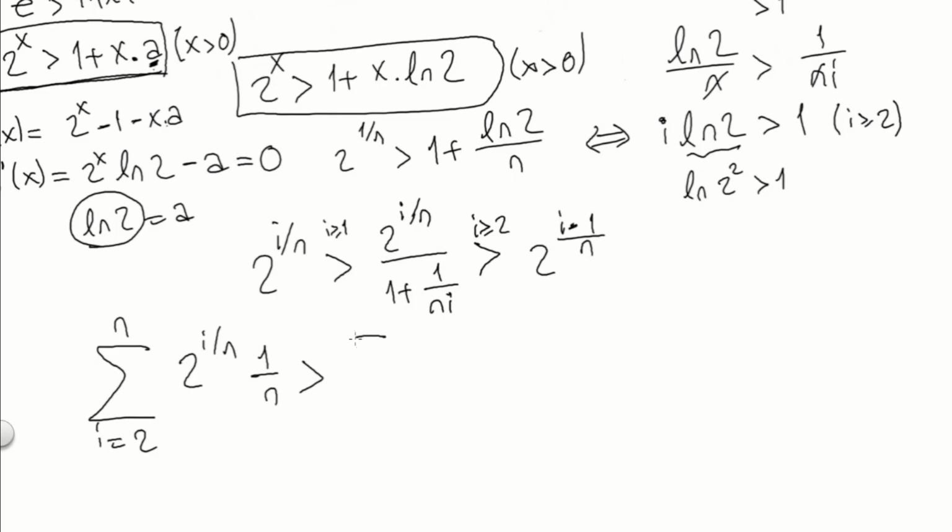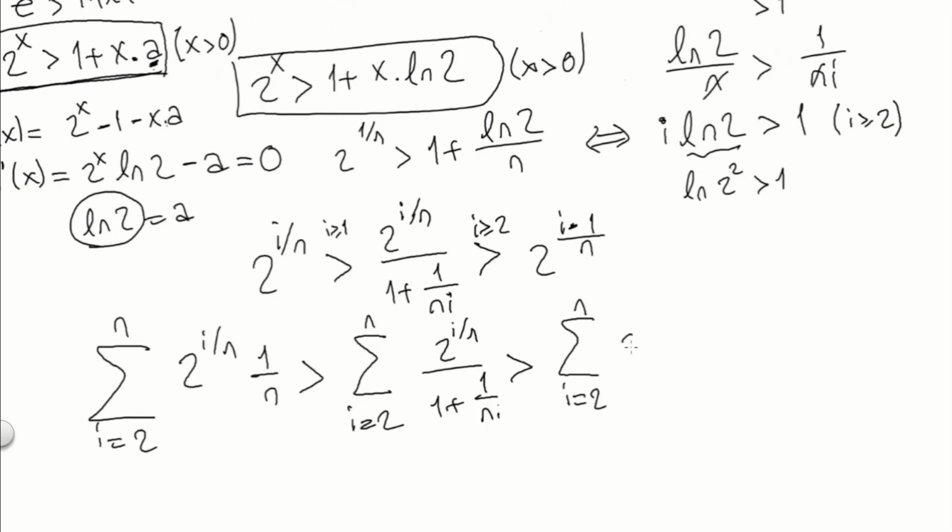Bigger than the sum for i from 2 to n of this thing, 2 to the i over n, 1 plus 1 over ni. This is bigger than. This is indeed bigger than, because I'm starting i's from 2. I's from 2 to n, so there's nothing sketchy here. 2 to the i minus 1.